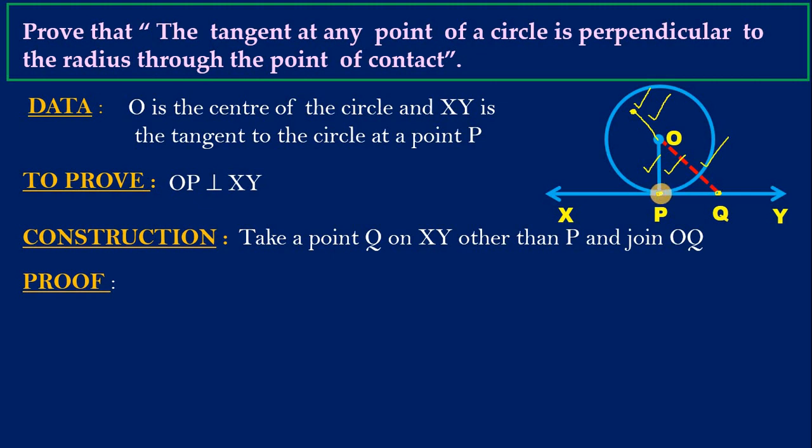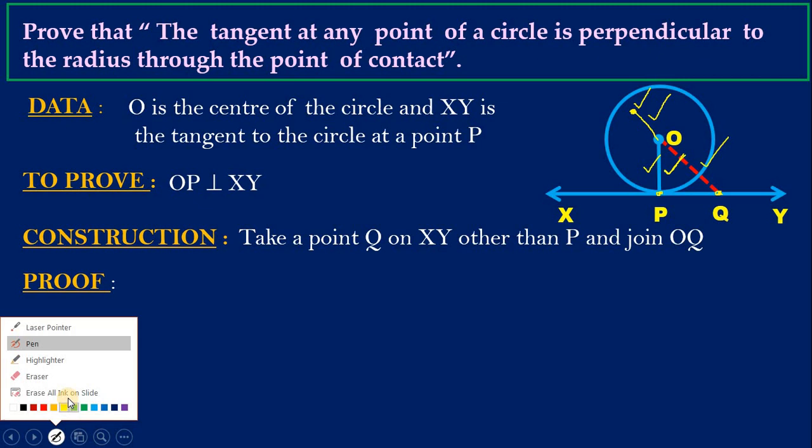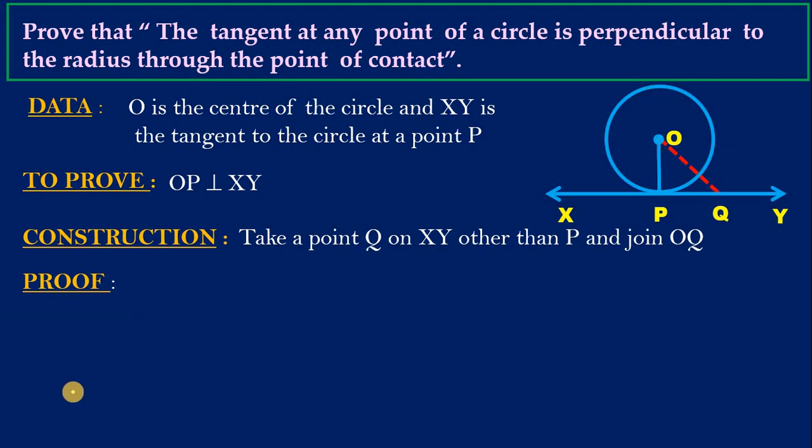It is on the circle. Hence, OP has become the radius. I repeat again: the point which is lying inside the circle, that distance is less than the radius. The point which is lying outside the circle, that distance is greater than the radius. This is what you wanted to understand very importantly in this theorem.